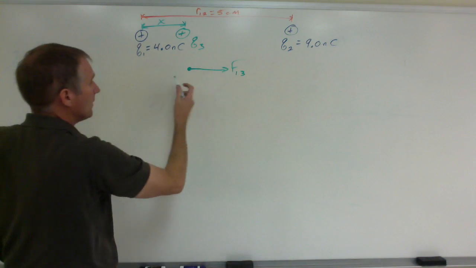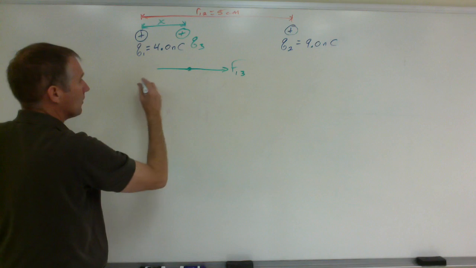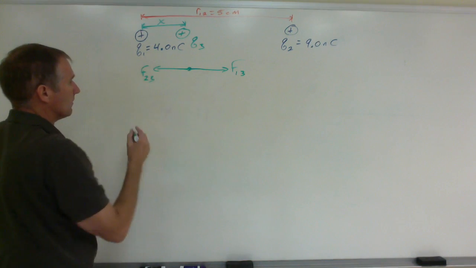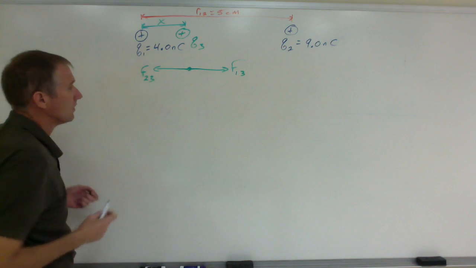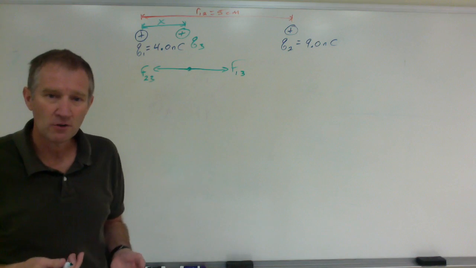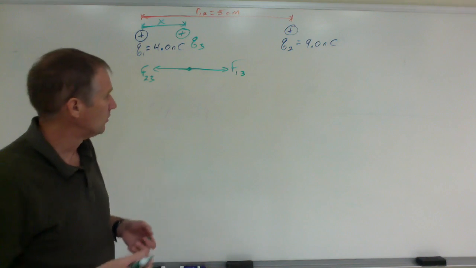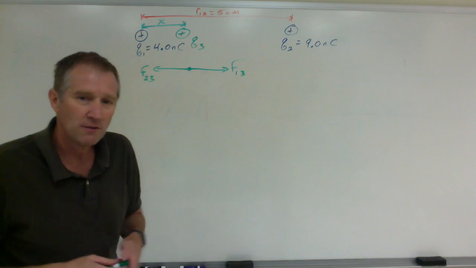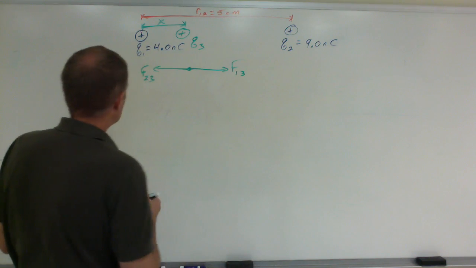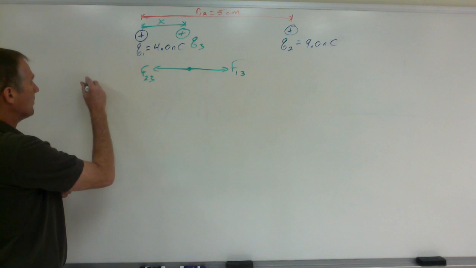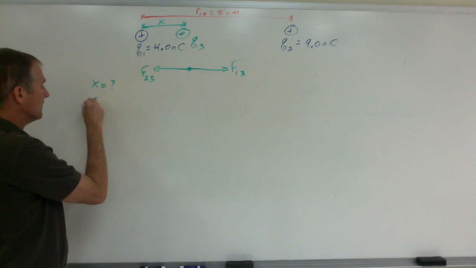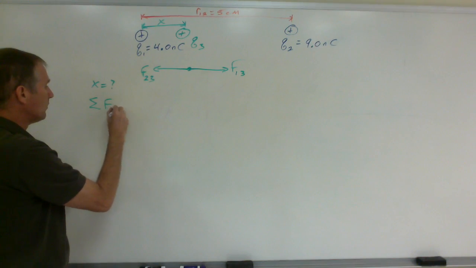So that force is the force of 2 pushing on 3, F23. These are going to be equal in magnitude, opposite in direction. How do I know that? Because I'm looking for that place where the net force on charge 3 is 0. That's the question: what's the value of X such that the net force acting on charge 3 is 0?